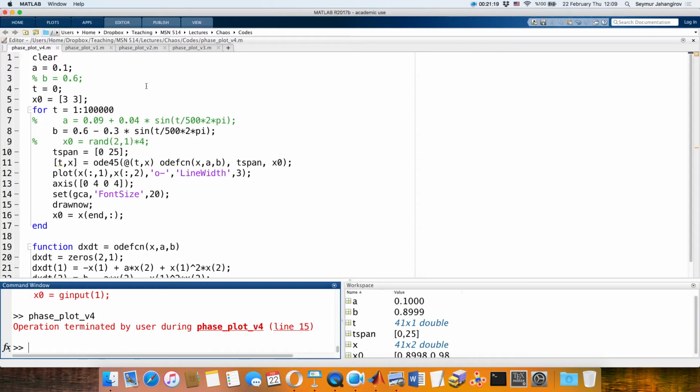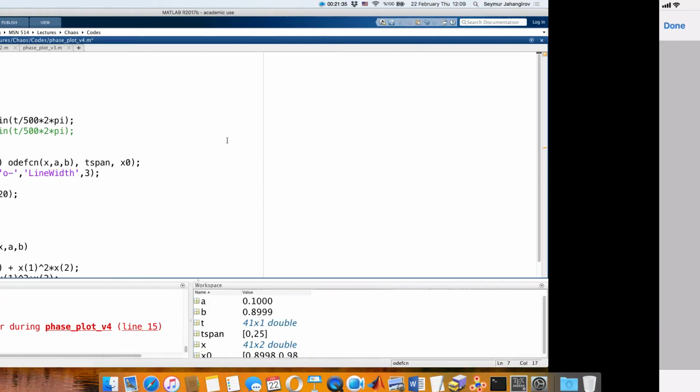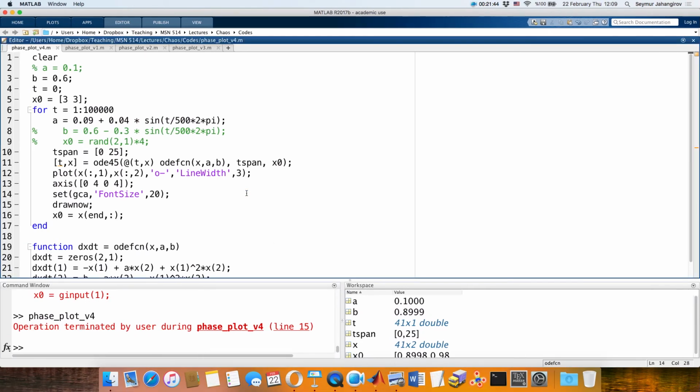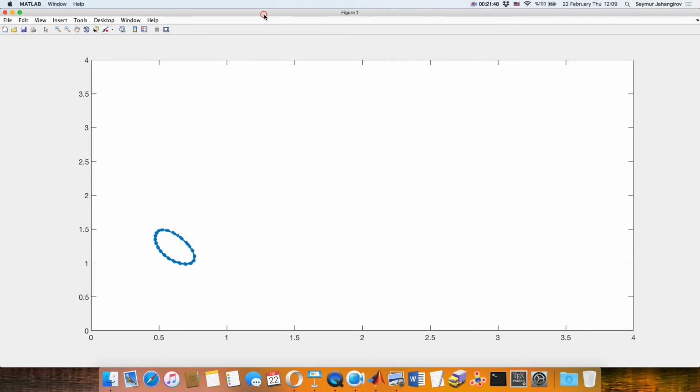So let's also, for example, fix B but change A. So B is 0.6 and A is going between 0.05 and 0.13. So B is fixed and I'm going back and forth. This one actually looks nicer because it goes to a bigger limit cycle.